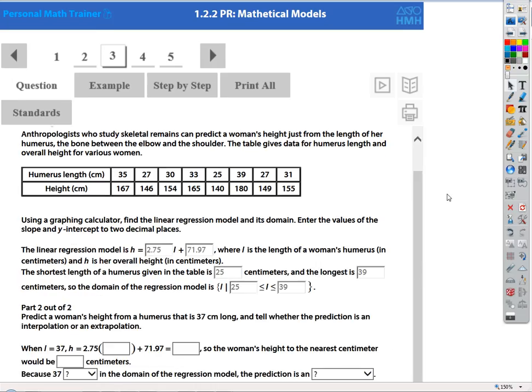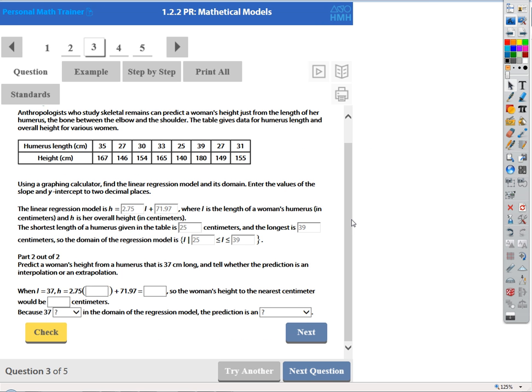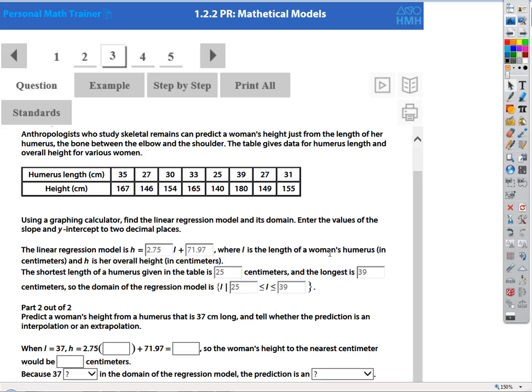Now we go down to the next part. Okay, so now the next part, predict the woman's height from a humerus that is 37 centimeters long. So what do we do? When L equals 37, how am I going to use that model to calculate the height?